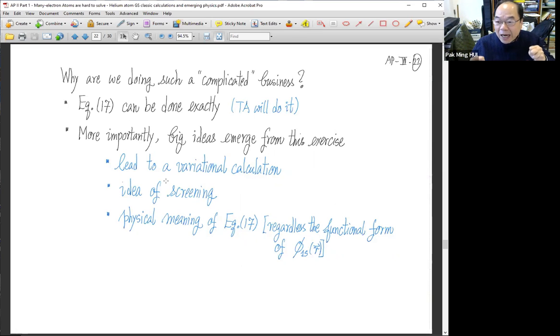The idea behind screening. Roughly speaking, we have 2 electrons, but we don't want to handle that. We want to handle single electron wave functions. But what is the effect of the second electron on the first? So the second electron lives in the region surrounding the nucleus.